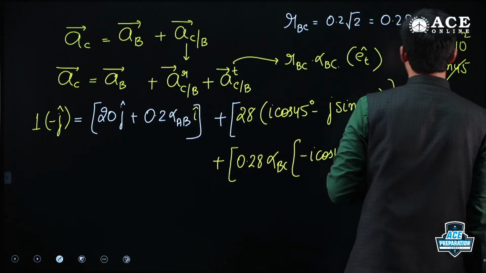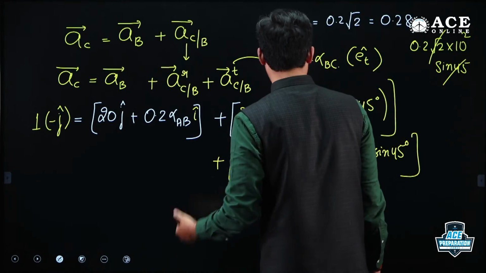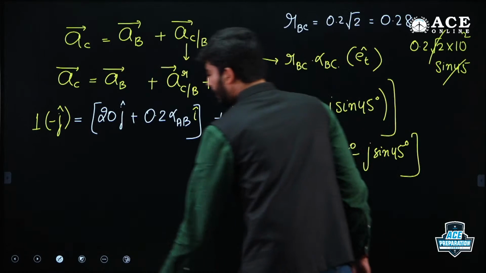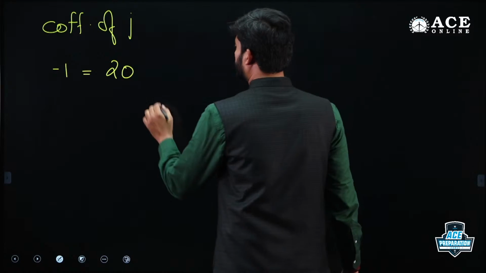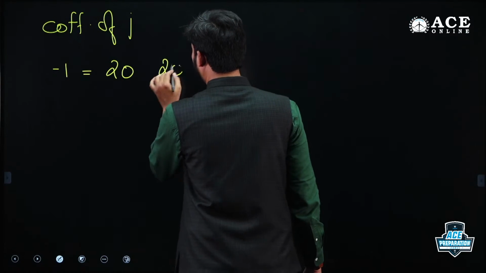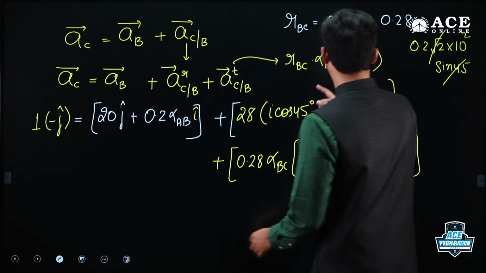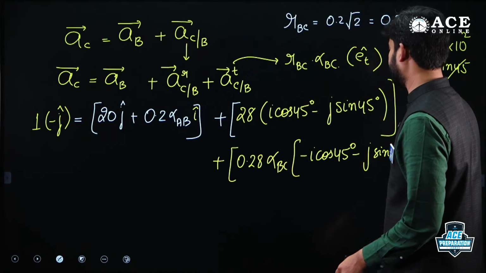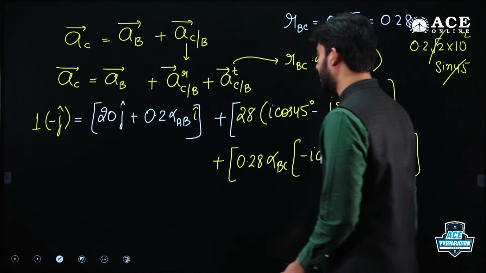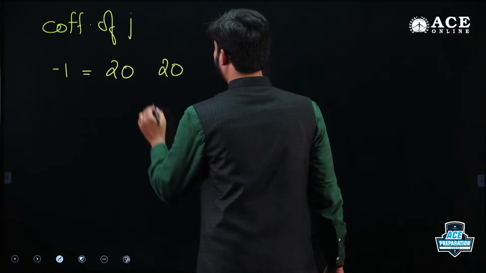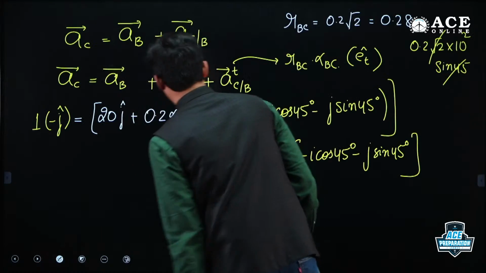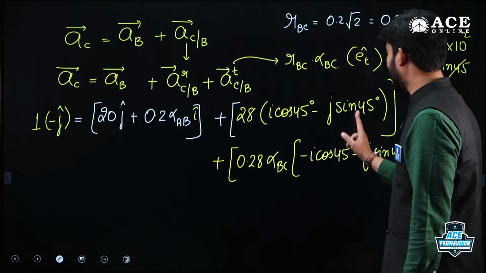Sin 45 and root 2 will be cancelled, so this will be 20. What will be the sign here? The sign will be minus, so minus 20. So plus 20 and minus 20.